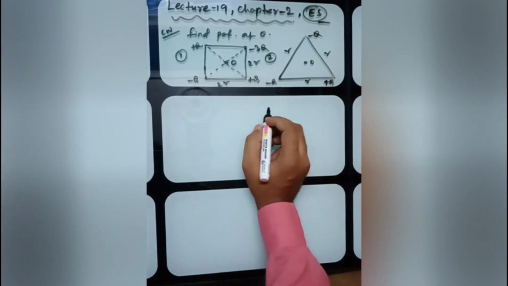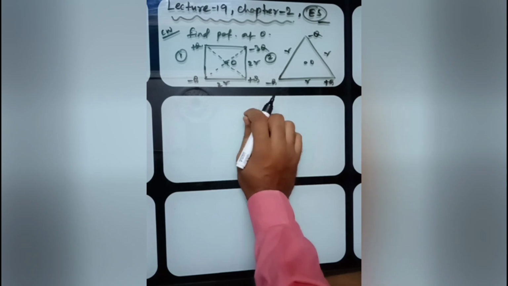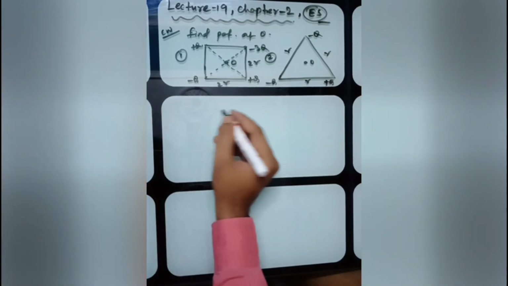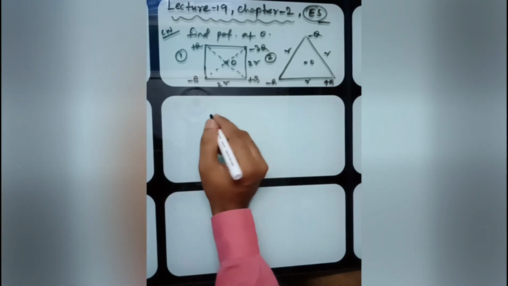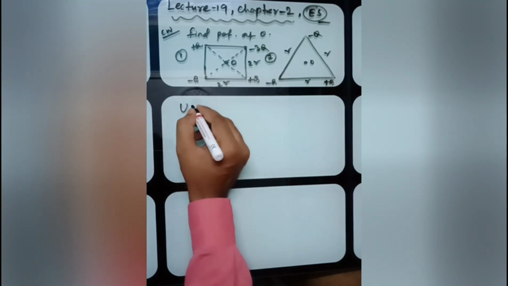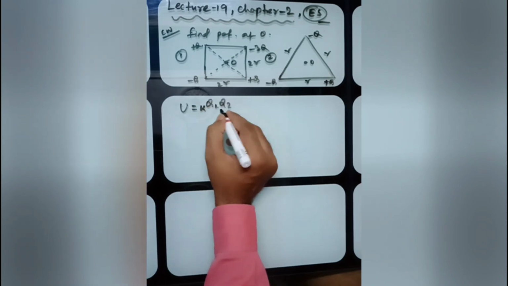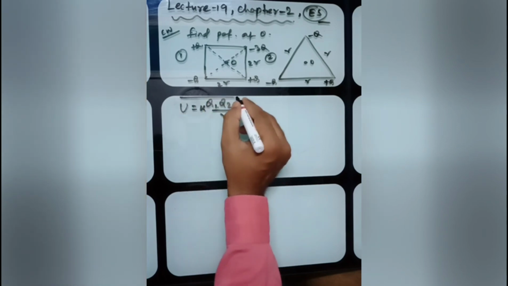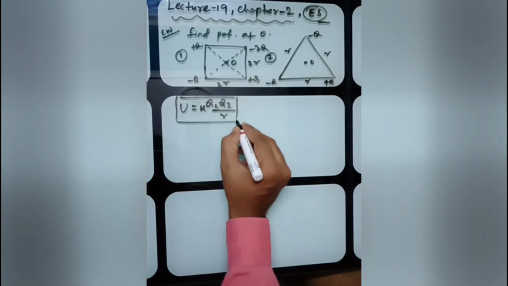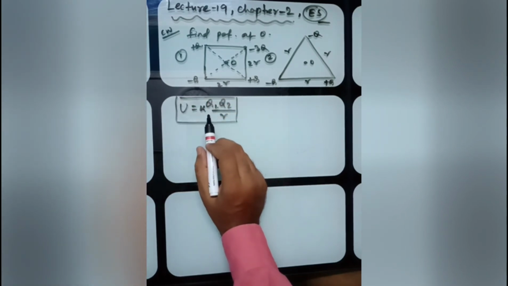Okay, now a few numericals of electrostatic potential energy, my dear students. As we know, the formula of potential energy is U equals K Q1 Q2 by R. And you have to use this formula with proper sign. If the charge is positive, then you have to use positive here.